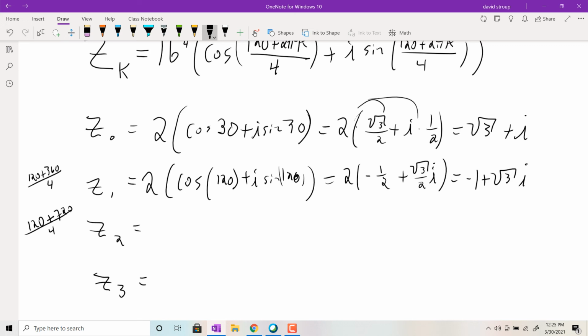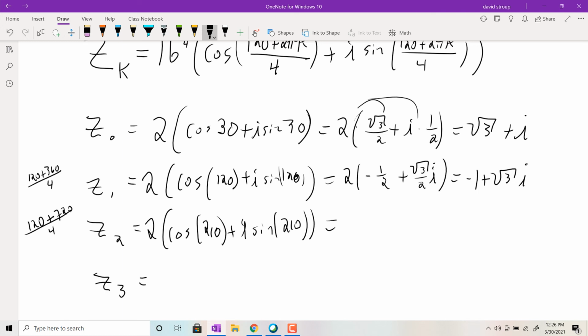Let me just verify that. 120 plus 720, divided by 4, 210. That was right. So 2 times cosine of 210 plus i sine of 210.